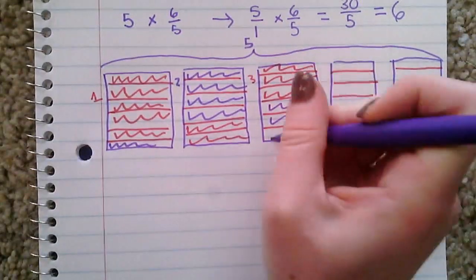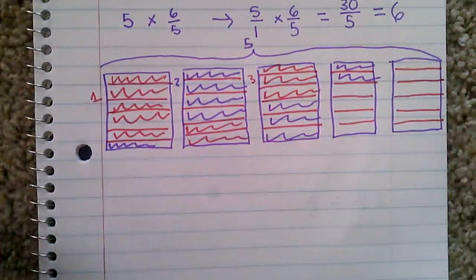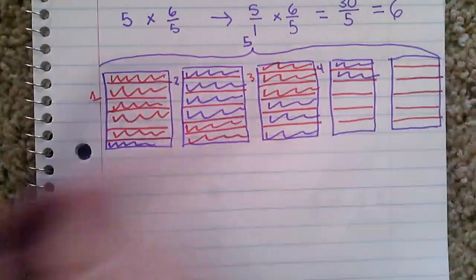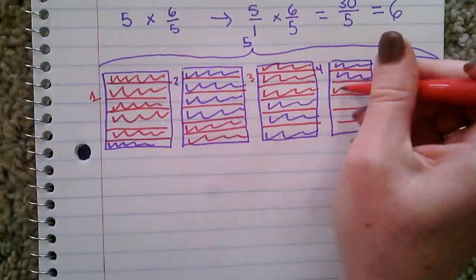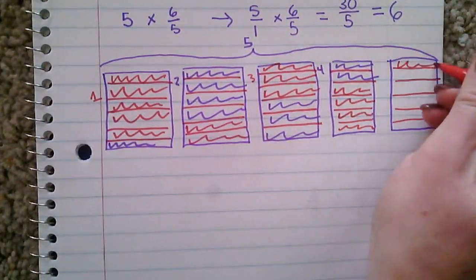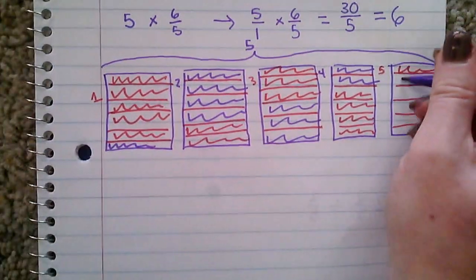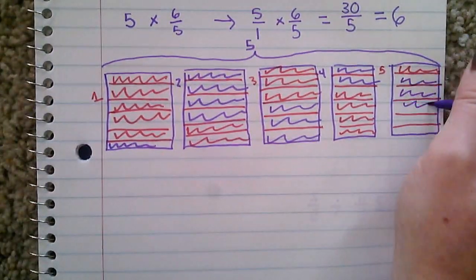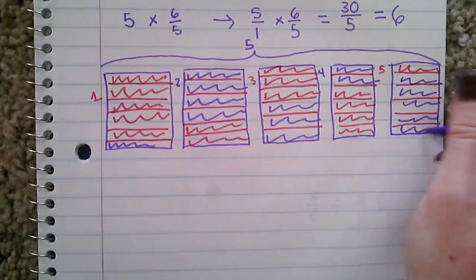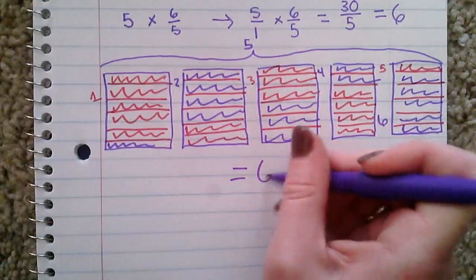That's group 4. That's group 5. And finally, 1, 2, 3, 4, 5. That's group 6. So as we can see in my model, I also got 6.